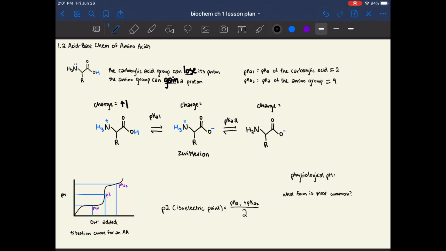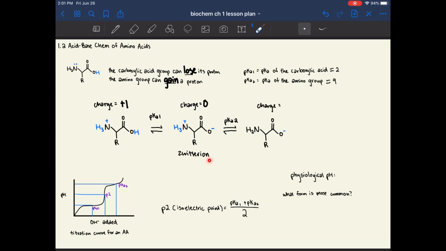So if we then increase in pH past pK1, which is the pKa of the carboxylic acid group, the carboxylic acid will lose its proton while the amine will stay protonated, which means that this amino acid will have a net charge of 0, making it neutral. However, it has a positive end and a negative end.